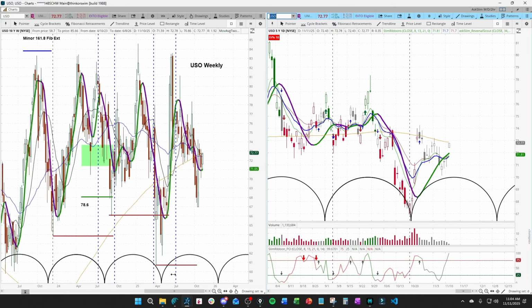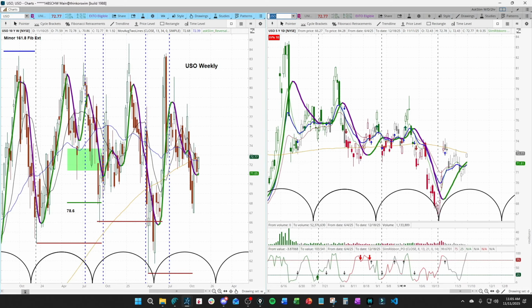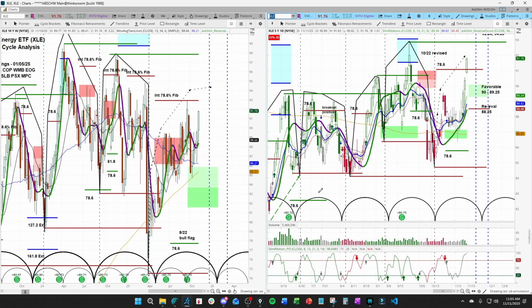Yes, on the intermediate term, it is more mixed, but again, inside of a range, there can be very tradable moves, as we have seen in both directions. So just keep your eyes as well on crude oil, which has the ETF of USO. Okay, so that's our look there at the XLE and a brief look at USO.